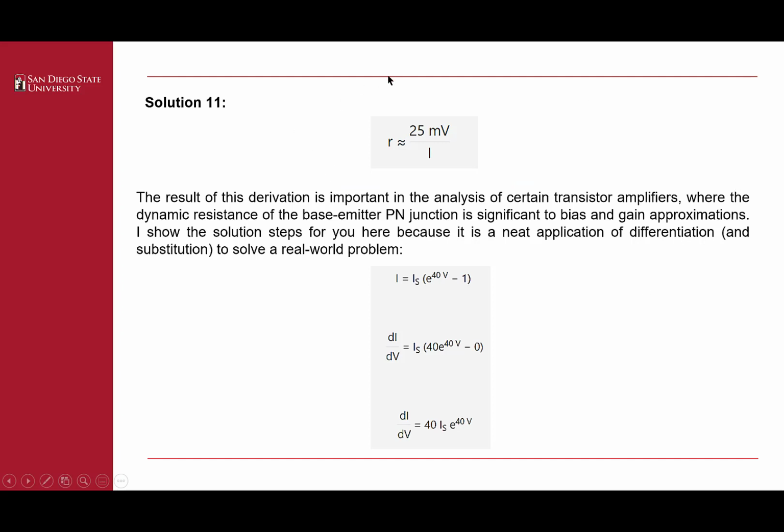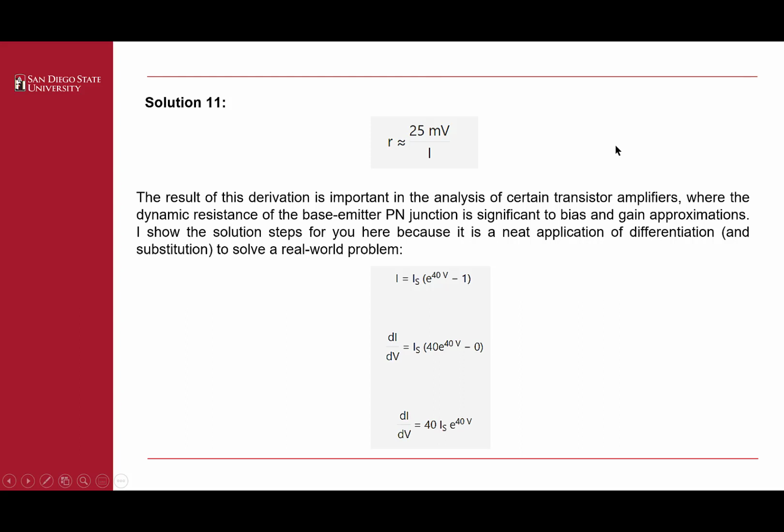R equals approximately 25 millivolts over I. The result of this derivation is important in the analysis of certain transistor amplifiers where the dynamic resistance of the base-emitter PN junction is significant to bias and gain approximations. And the solution steps are here because it's a neat application of differentiation and substitution to solve a real-world problem. It's not a made-up problem, it's a real-world problem.